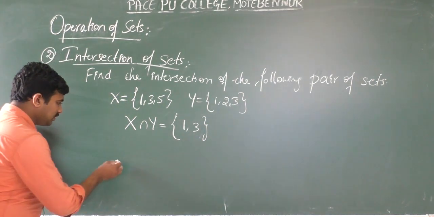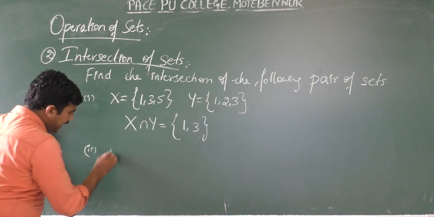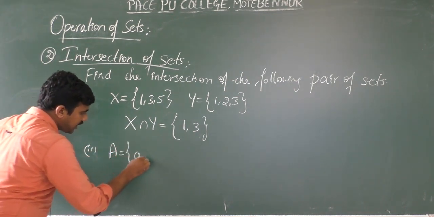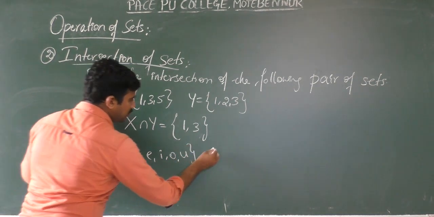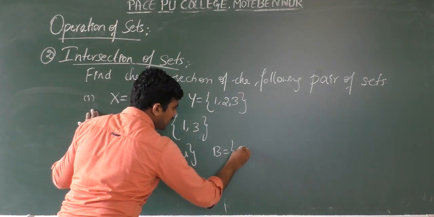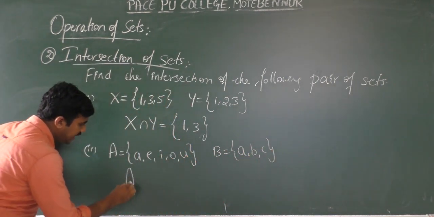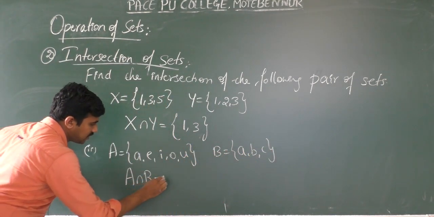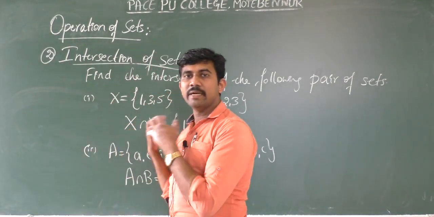Similarly, the second question. A is the set of all a, e, i, o, u. B is the set of all a, b, c. Now write A intersection B. Only the common elements we have to write.